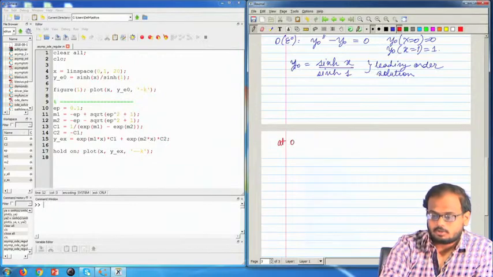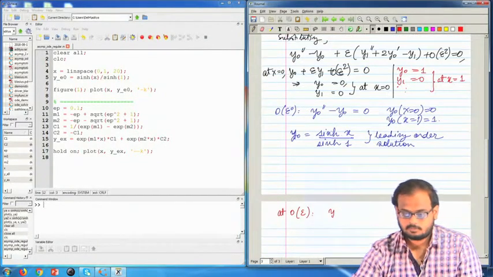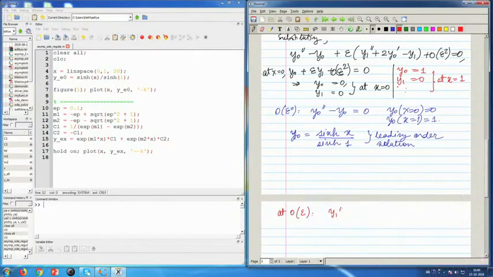So, at order epsilon, we have y1 double prime minus y1 is equal to minus 2 y0 prime, and y0 prime is equal to cosh x by sinh 1. This is equal to minus 2 cosh x by sinh 1.